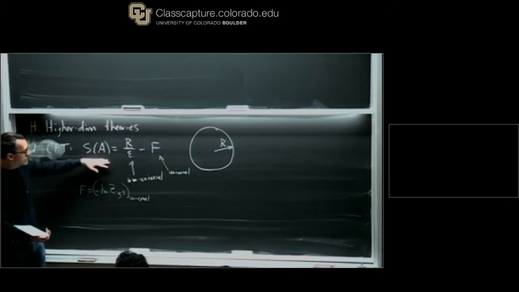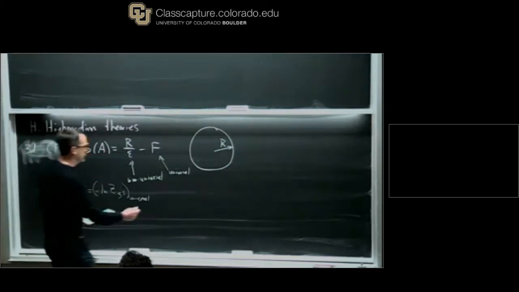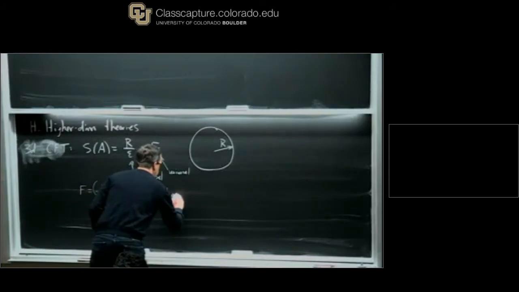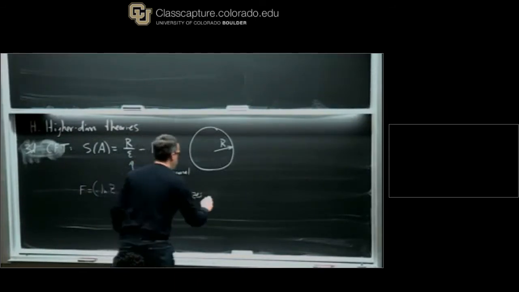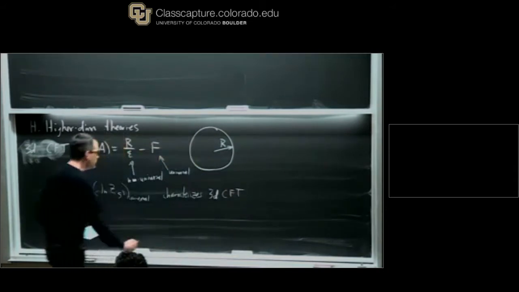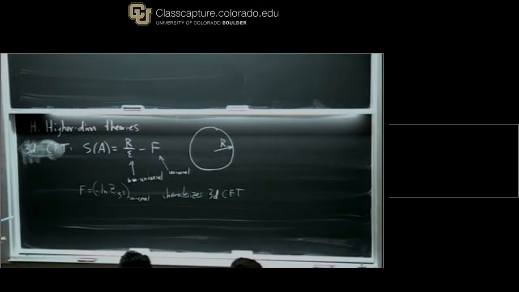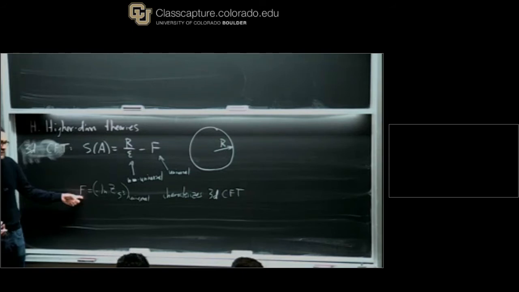This is already interesting because this quantity characterizes, in some sense, something analogous to the central charge of a 2D CFT. But it's a little bit weirder than that because, for example, if you have a topological theory, then you get a non-zero F, whereas in 2D, a topological sector doesn't contribute to the central charge.